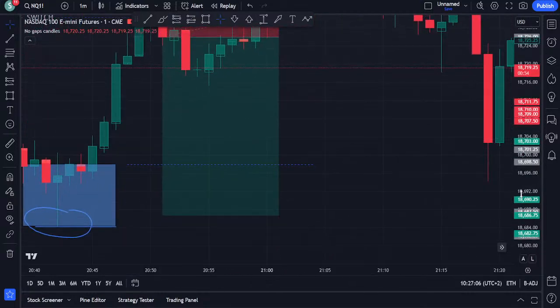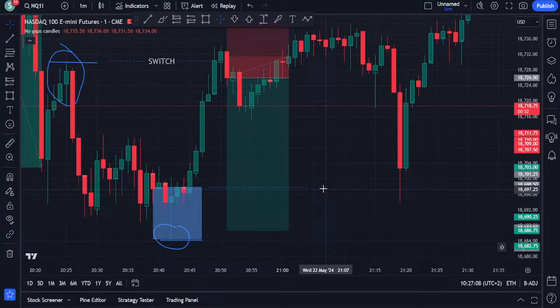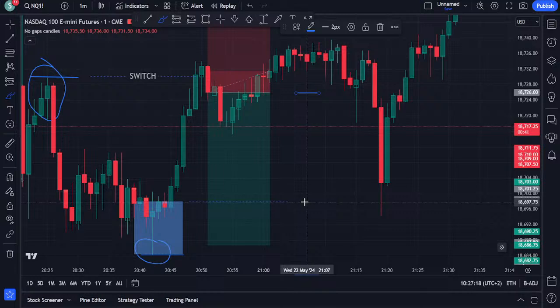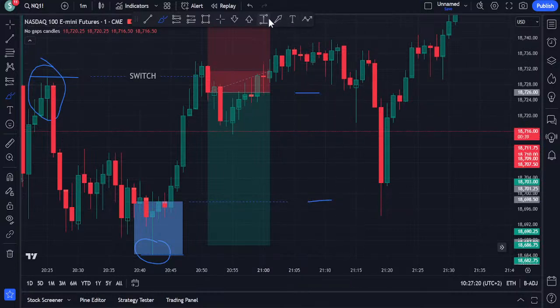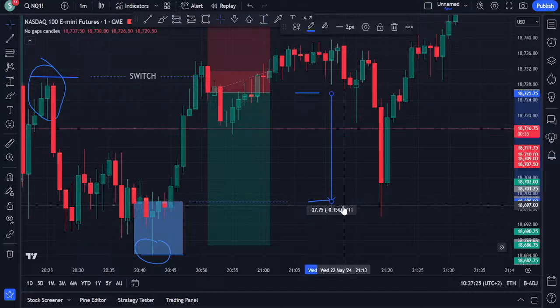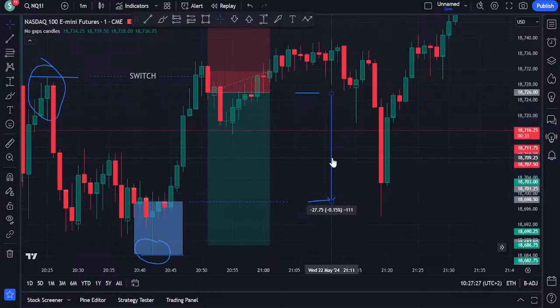Come to here. It's input in my machine to trail at this point, which means that the distance between here and here is inputted into my machine, right? The distance is, I don't know what it is right now, 27.7, right?